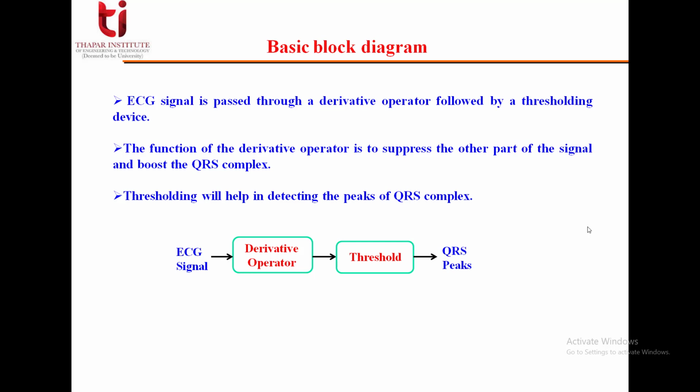The function of the derivative operator is to suppress the other parts of the signal, mainly the constant part or the P wave or the T wave, and it should also boost the QRS complex. Then with the help of thresholding, we can actually get the QRS peak. So if we want to detect the QRS peaks, we include a threshold in this complete system.